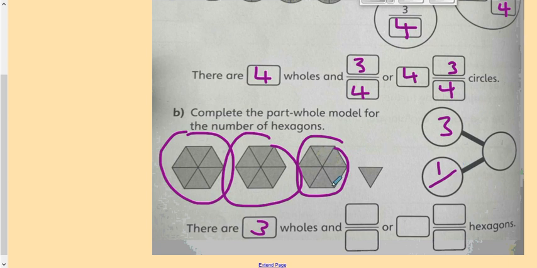So the hexagon is split into 1, 2, 3, 4, 5, 6. Therefore, they're split into 6. Okay, so therefore, if we put those together, we've got 3 1/6. So for the bottom part, there are 3 wholes and 1/6, or 3 1/6 hexagons. Okay, hopefully that will make sense.